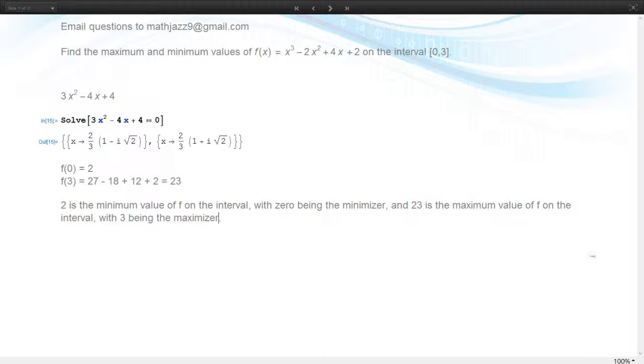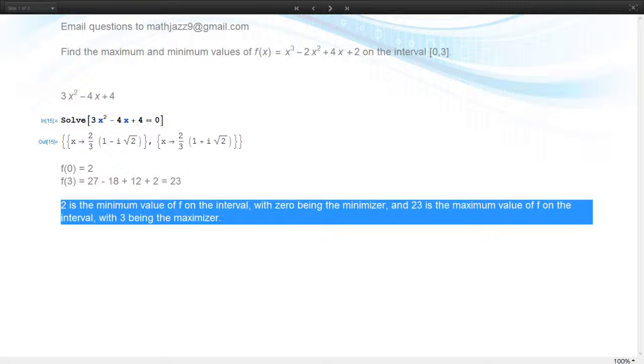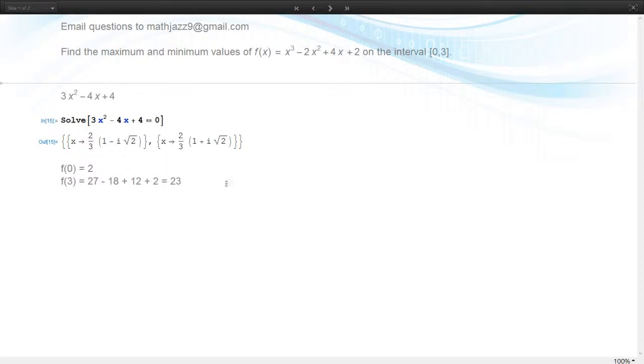The next problem will be find the tangent line for the equation x cosine of y equals y cosine of x.